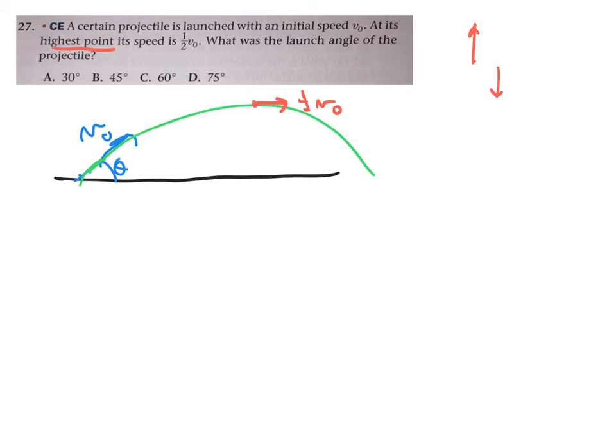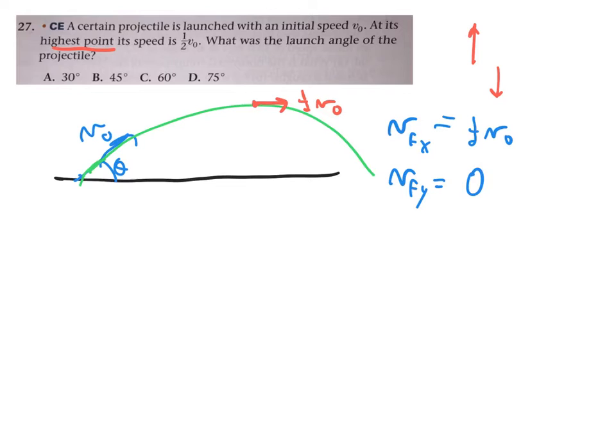So in this case, the velocity at that midpoint, which we're going to call its final velocity, in the x is 1/2 v0, and in the y, it's 0.